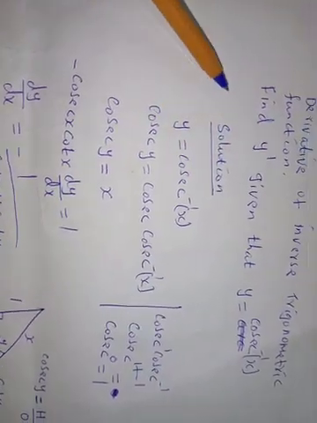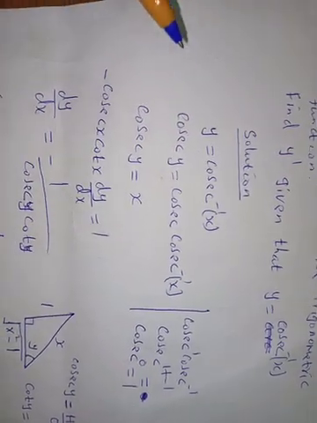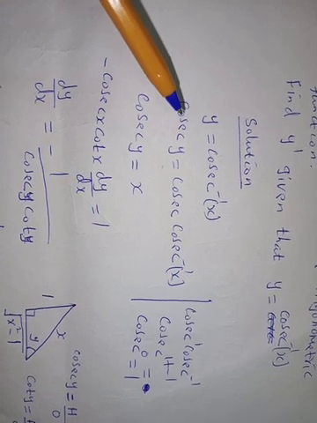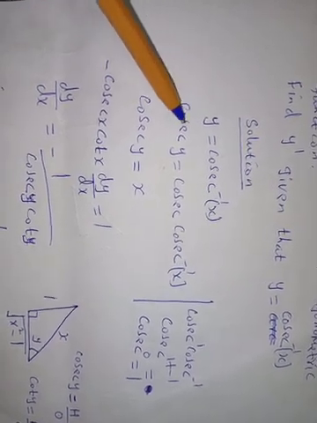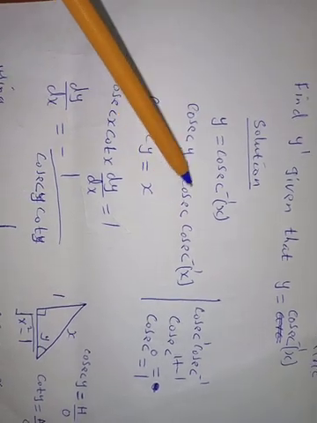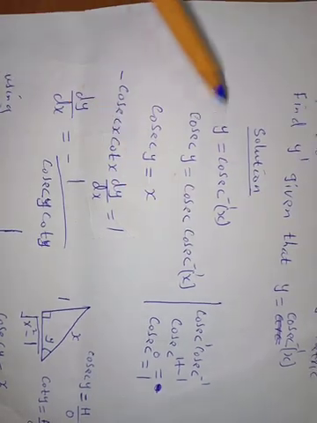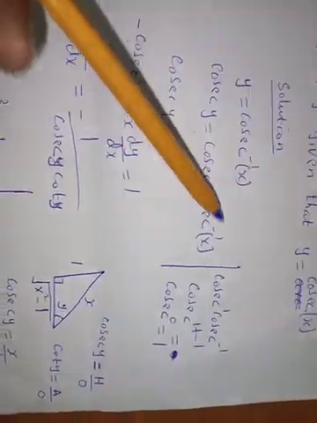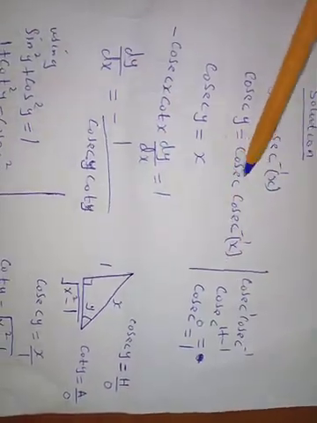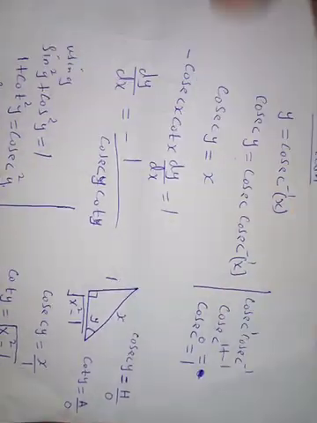Solution: what we do is we multiply both sides of this equation by cosec. So cosec times y is cosec y, which is equal to cosec times cosec inverse of x. Using the laws of indices, cosec power 1 times cosec power negative 1.